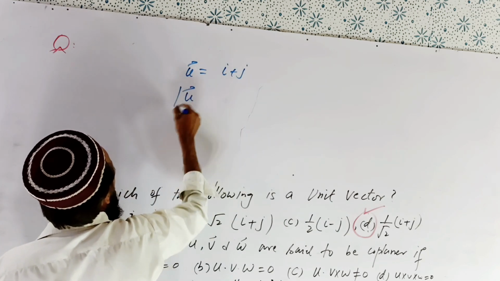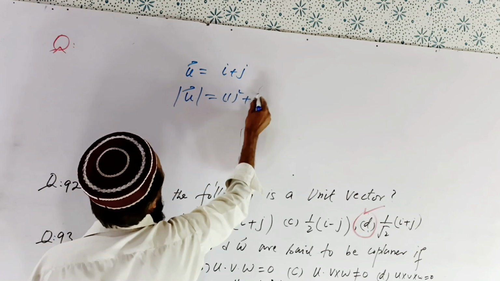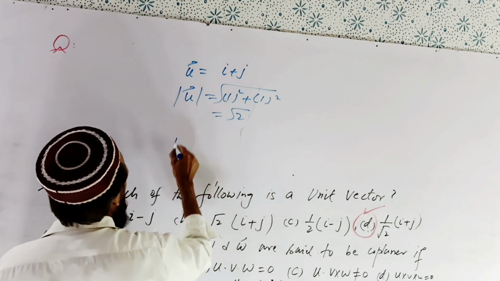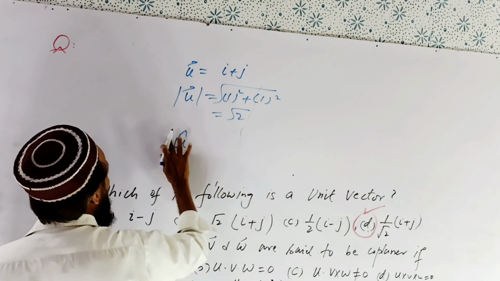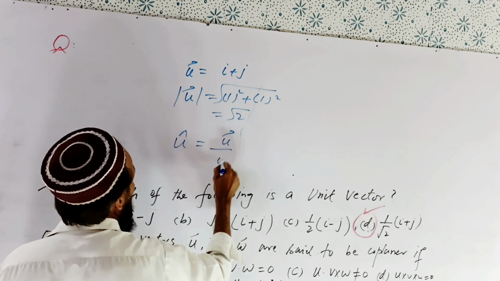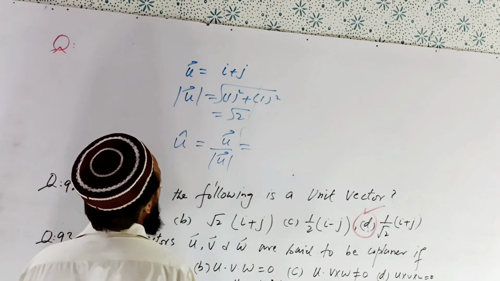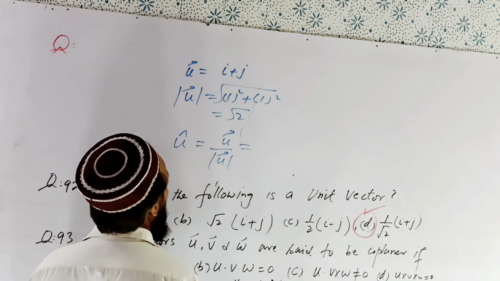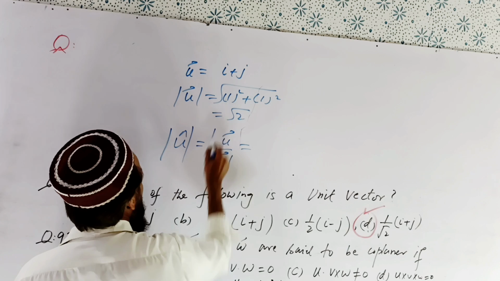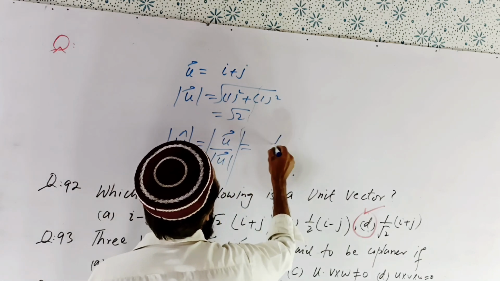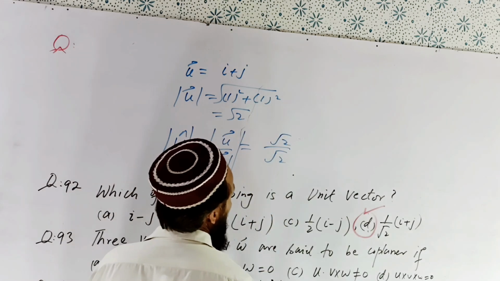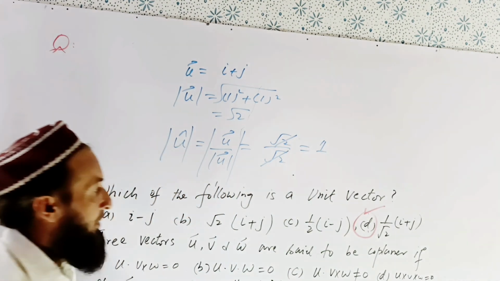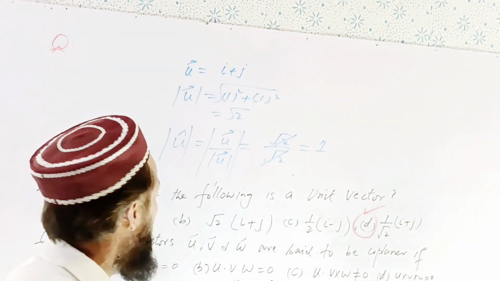If we take the magnitude, the square root of 1 square plus 1 square, we get root 2, and the unit vector has magnitude 1. So u is the vector of the given direction whose magnitude is 1. Taking its magnitude, the result is root 2 divided by root 2. So we get this result, both are equal to 1. So the answer B is the correct answer in this situation.